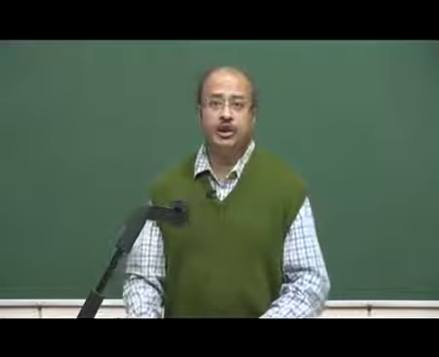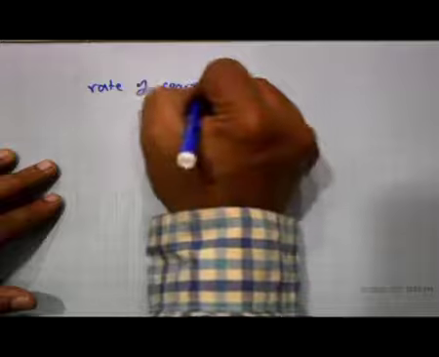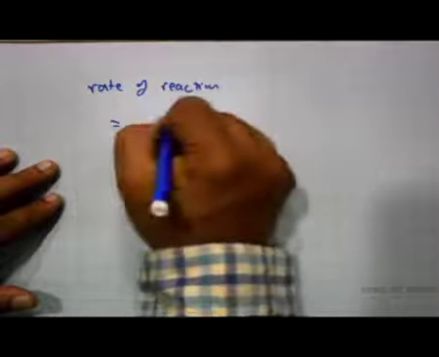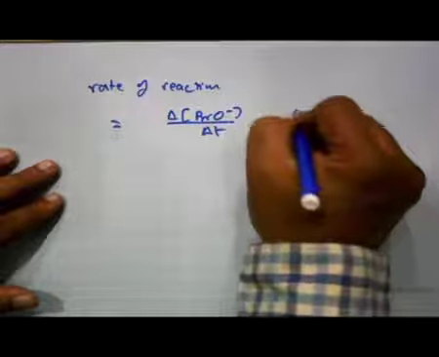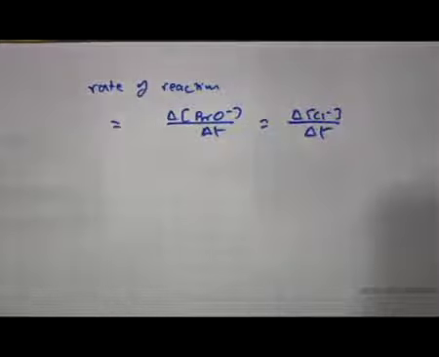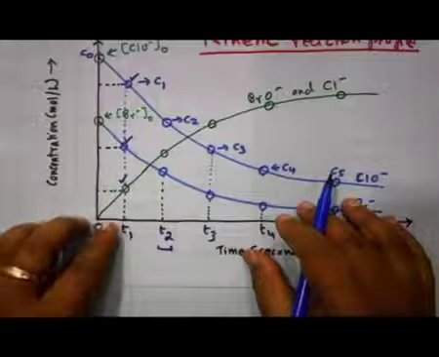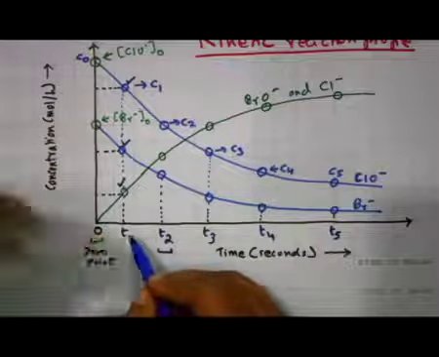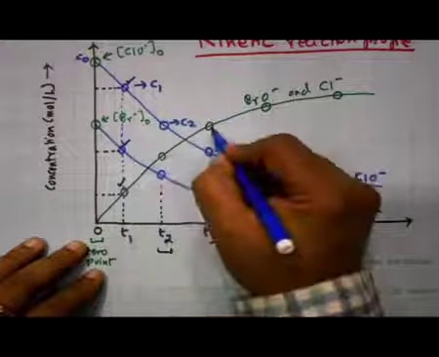If you are expressing the rate of the reaction in terms of products, I can express it as this, over delta T. And if you take the same intervals, for example T1, T3 for hypobromite or chloride, then T3 minus T1 is obviously positive because time is increasing, and again this concentration is higher than that.